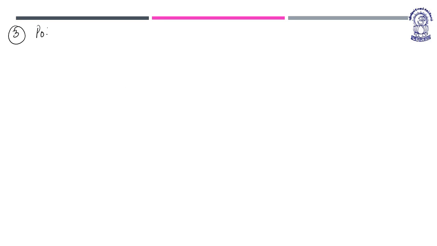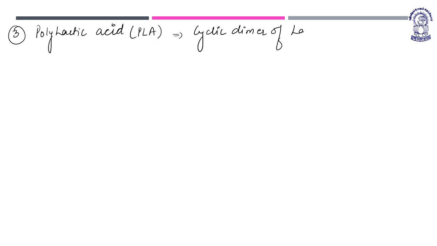Polylactic acid, PLA. It is basically a cyclic dimer of lactic acid. Lactic acid is also an alpha hydroxy acid.